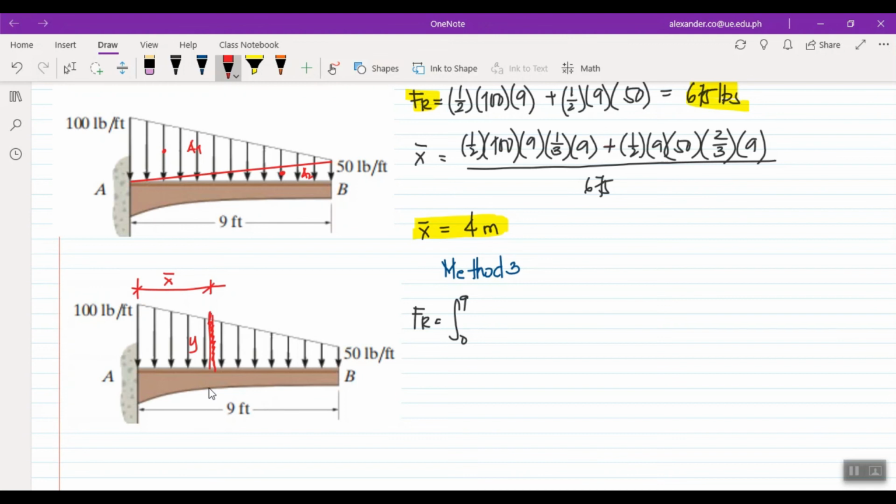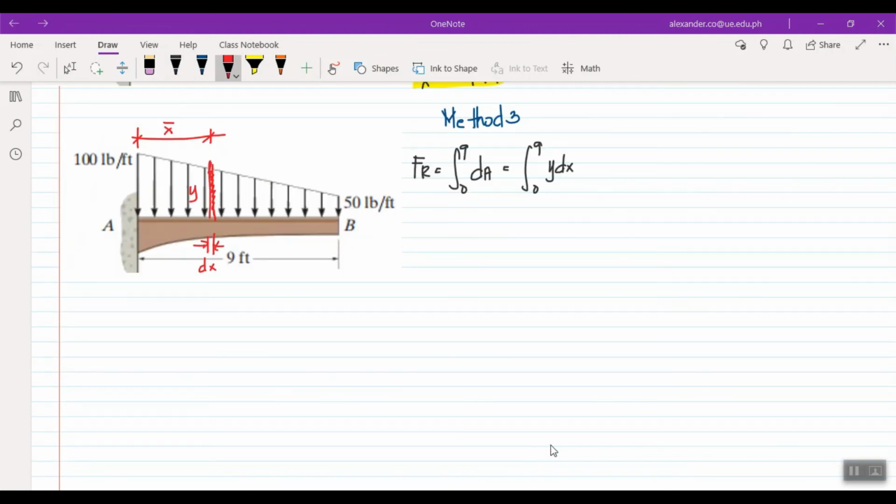The strip is just the derivative of x. What is the area of... wait, DDA first, I'm rushing too much. What is the derivative of the area? That is just the area of the rectangle, so y times dx. So our problem is getting y.